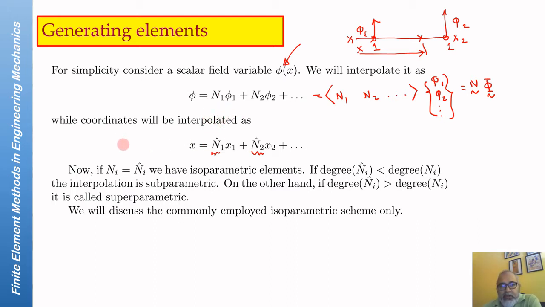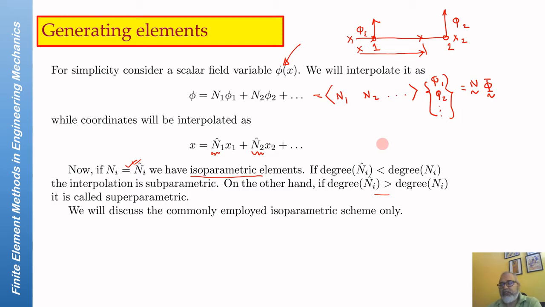Now, if each Ni is equal to Ni hat, we call the interpolation isoparametric. The elements are isoparametric elements. If the degree of N is greater than the degree of N hat, it is called subparametric, and otherwise it's called superparametric.